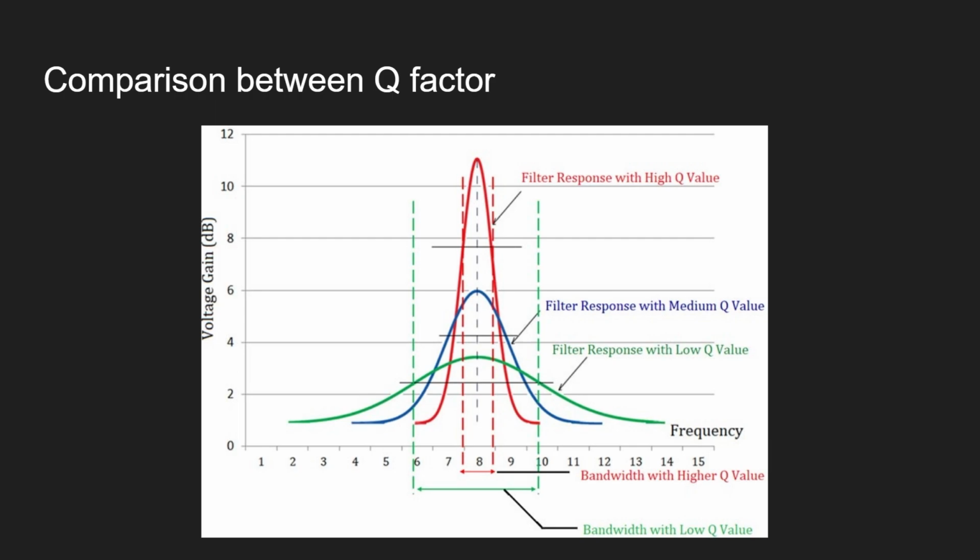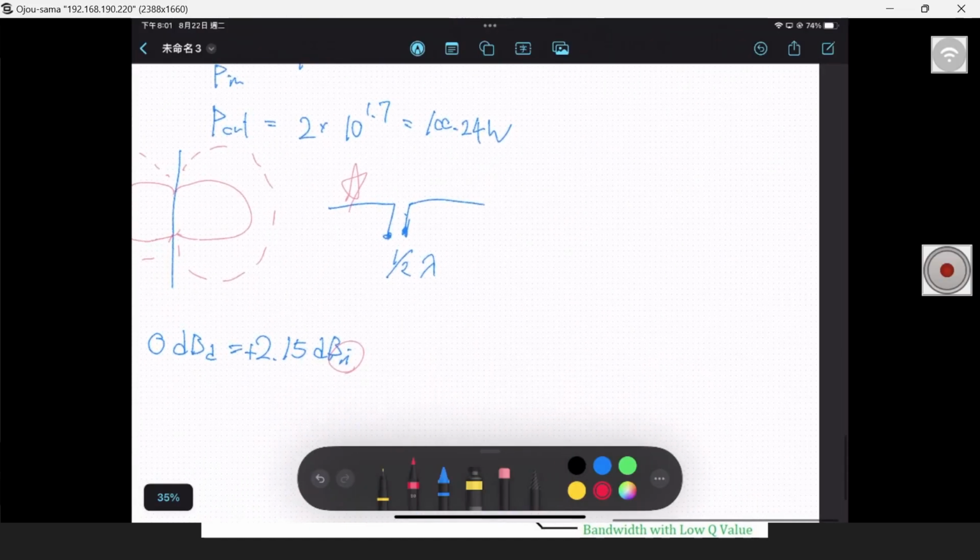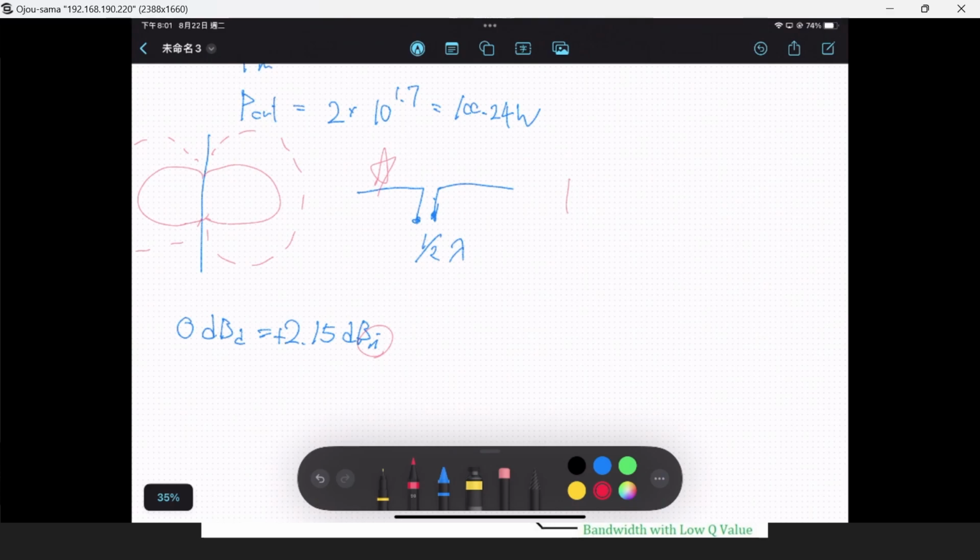If the power is halved, what is the voltage? Let me grab my iPad here. If your power is halved, your voltage is 1/√2 of the original, right?